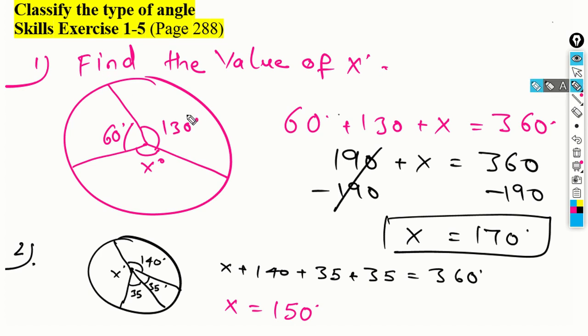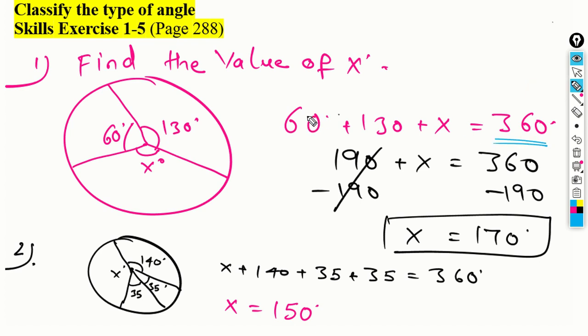First of all, you should know what is the total angle of a circle. The total angle for a circle is 360 degrees. In this question you need to find x. One angle is given 60 degrees, another 130 degrees, and then x. So the sum of 60 plus 130 plus x will give you 360.